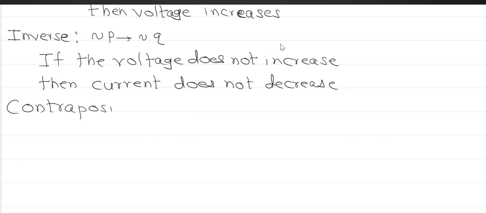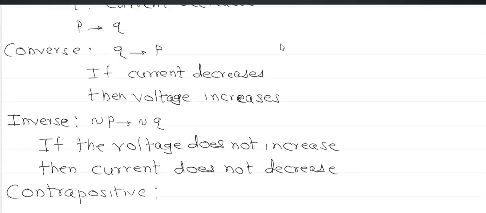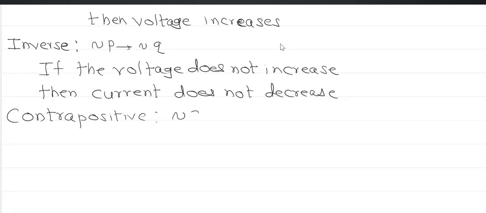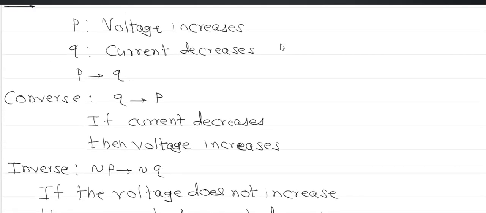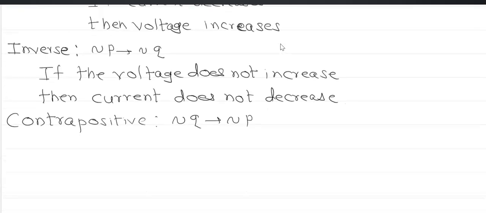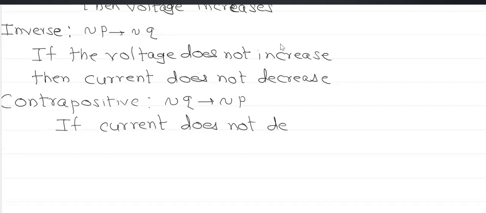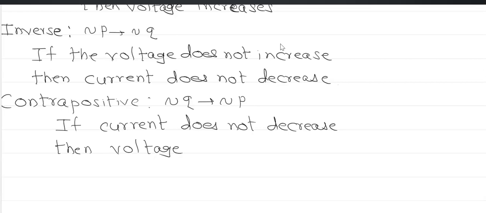And last is the contrapositive, that is negation of Q implies negation of P. If current does not decrease, then voltage does not increase.